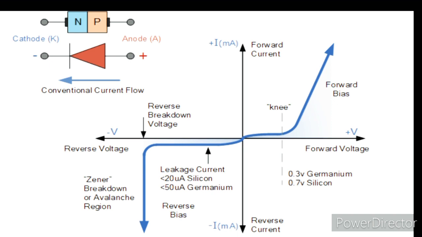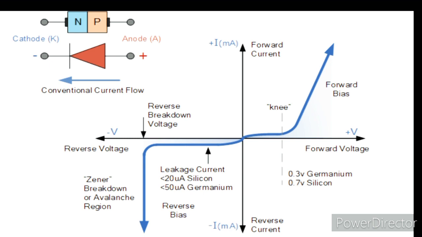Similarly at 0.2, 0.3, 0.4, 0.5 and 0.6 volt, when we study the silicon diode. At 0.63 volt the current starts to flow, which means the barrier potential is equal to the potential of the depletion region width.